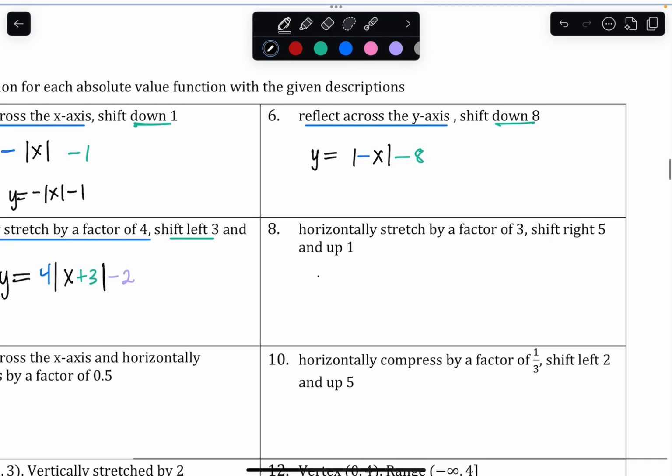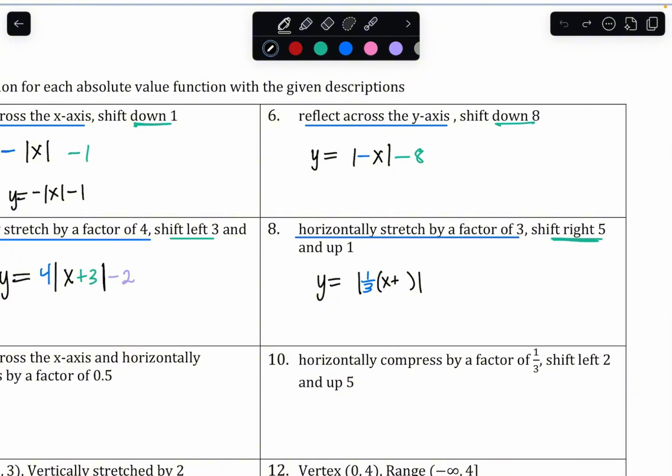Okay, next up, horizontally stretch by a factor of 3. So that means my scale factor is inside the bars and it's opposite of what I would think. And so that means there's a 1/3 inside the bars. And then it also says shift right 5. So remember, proper form, you have to have an extra set of parentheses so that scale factor isn't sitting right next to the x. And then we can put the plus 5.